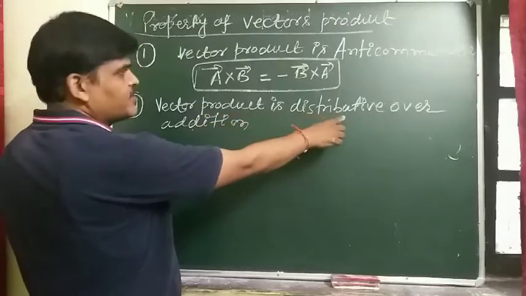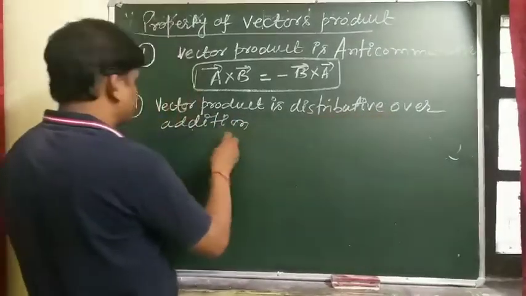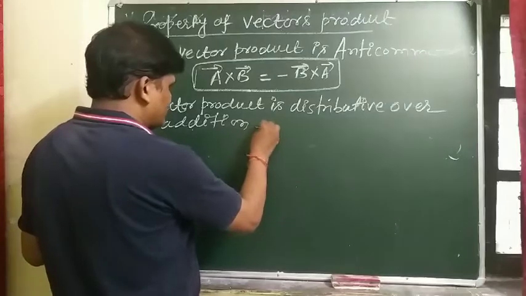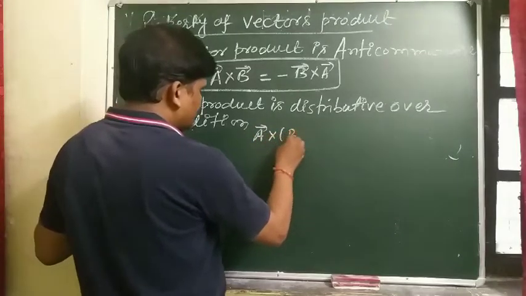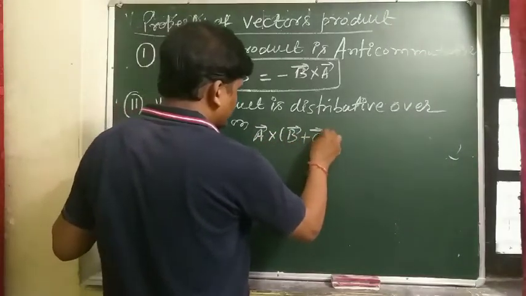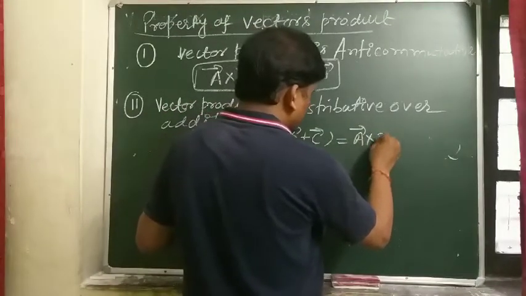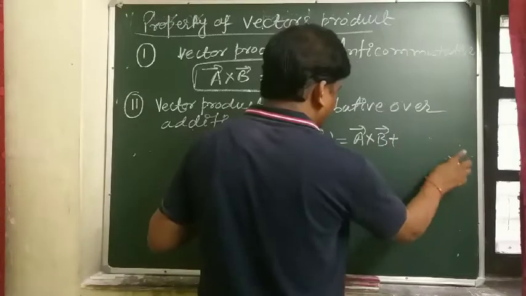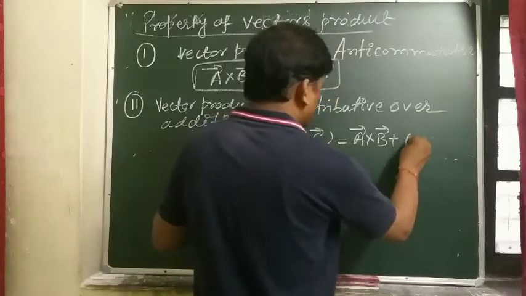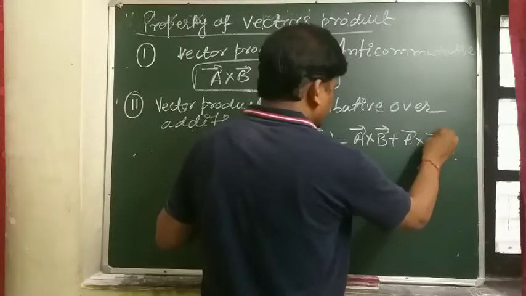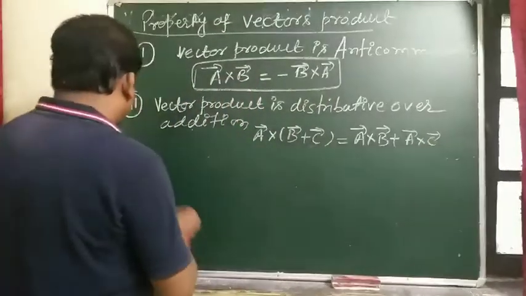So we may write A cross (B plus C), which is written as A cross B plus A cross C.